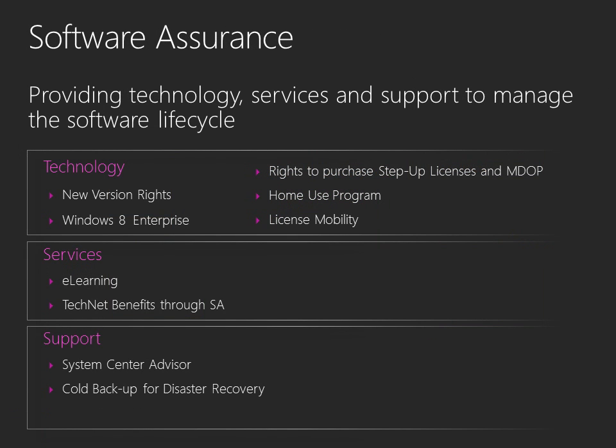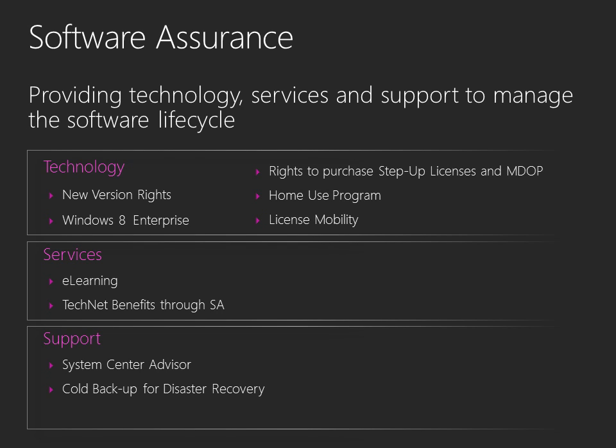So as I mentioned, the non-perpetual academic agreements all include software assurance, so you'll be subscribing to your license with SA. And this slide just shows the software assurance benefits that you'll get through these agreements. So for instance, you get your new version rights, the rights to run Windows 8 Enterprise Edition, your step-up licenses, so you can move up the editions of software.